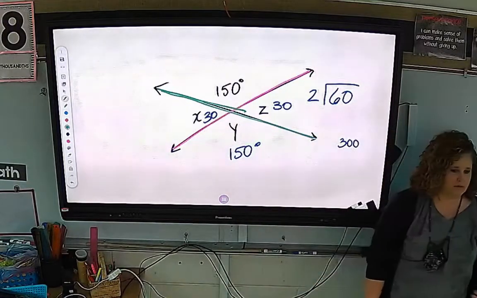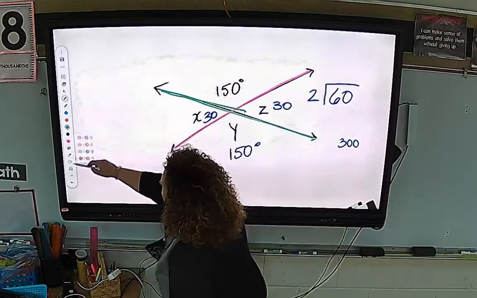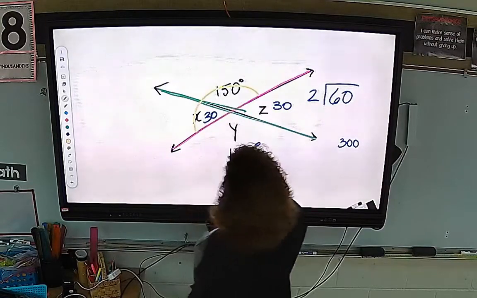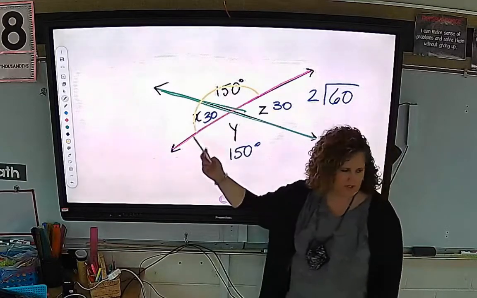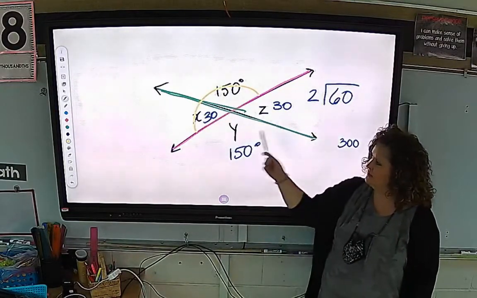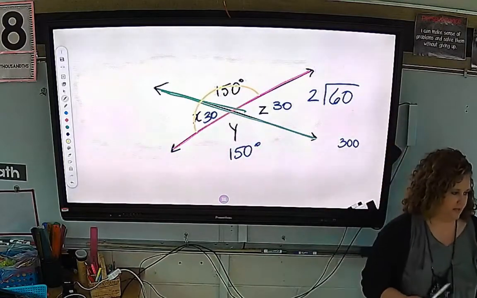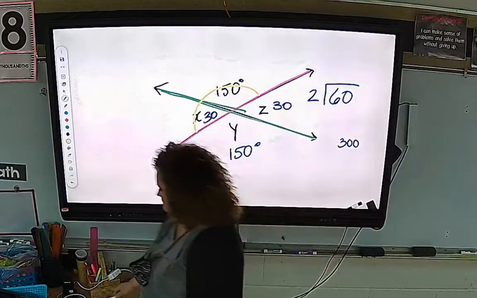Okay, both of those lines are 180 degrees. So if I look at all of this right here is 180, and I know that this is 150. I just need 30 more to get to 180. Same thing along this other line. Same thing on the bottom of the pink line and the bottom of the green line. Okay. Lots of ways to figure this out.